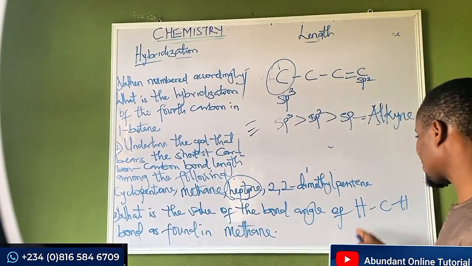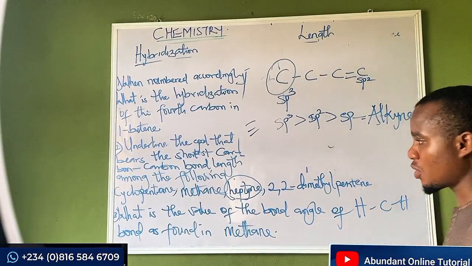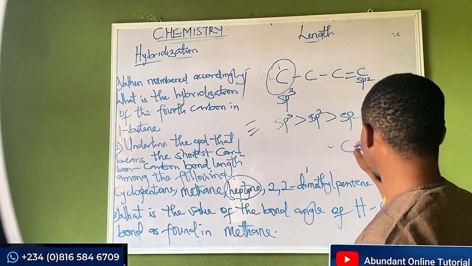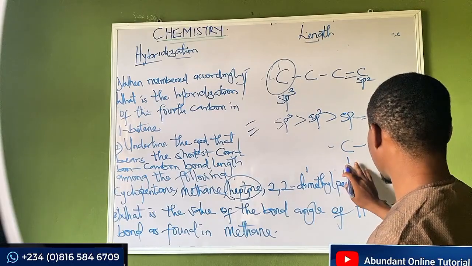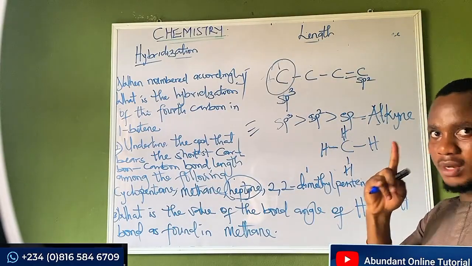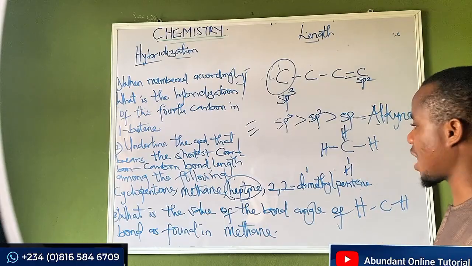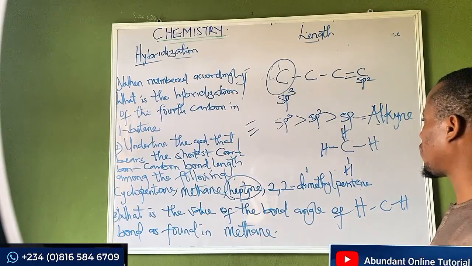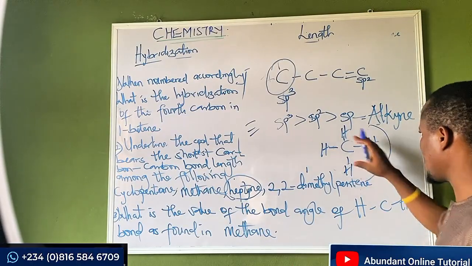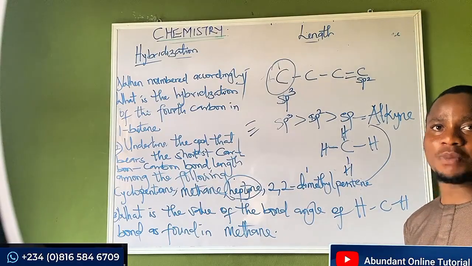For the next one, the 3rd question, it says, what is the value of the bond angle of H to C in methane? What's the bond angle of this bond as found in methane? You know that methane has 1 carbon. Methane belongs to the group alkane.